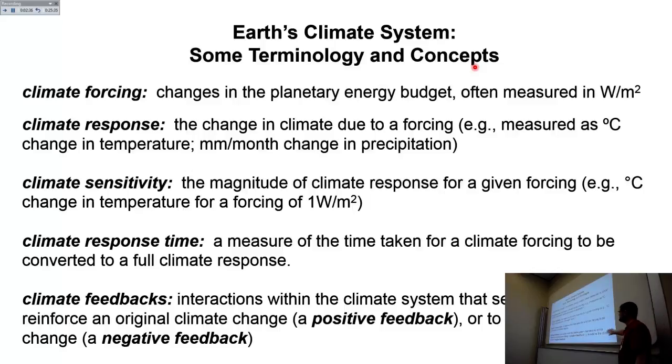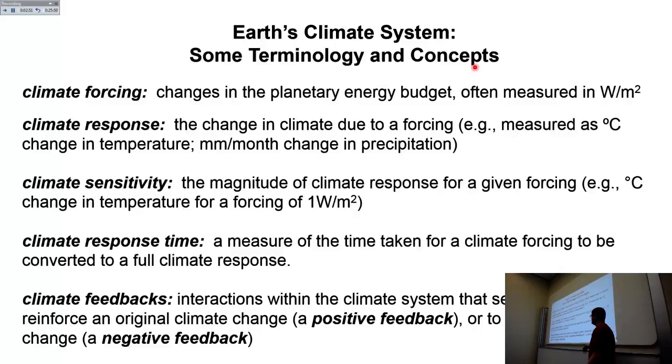And then the other thing, which we'll come to again and again, is this thing called climate feedbacks. This is something that changes the Earth's climate, say for instance temperature, but is driven by an initial change in temperature.